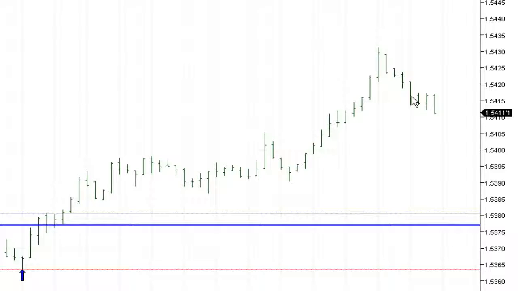What I'm looking for now is price to either come back down below this long trigger level to give back some of the potential for the day, and then maybe look for new long setups, or if it carries on going down, we'll assess the price where it is.